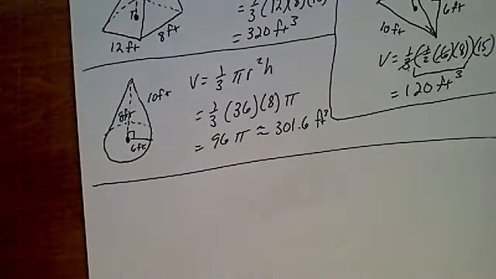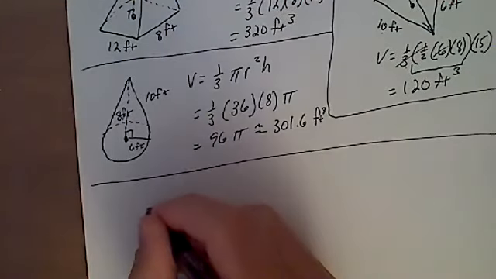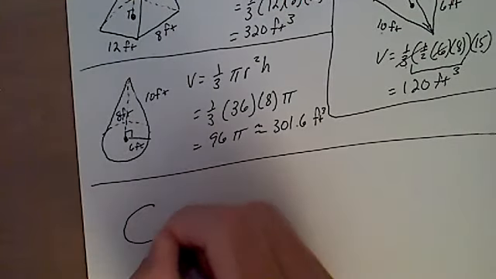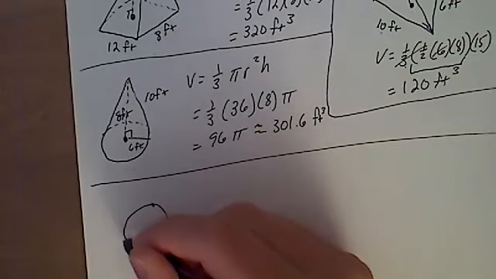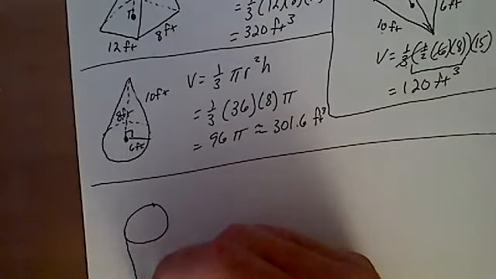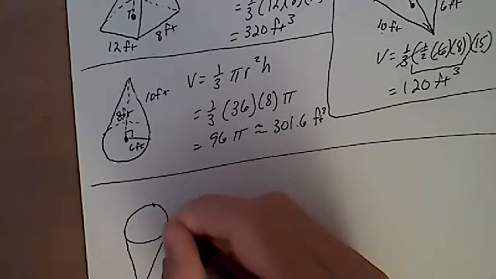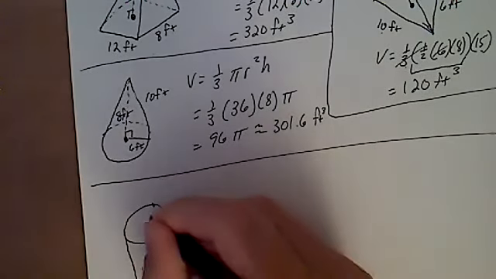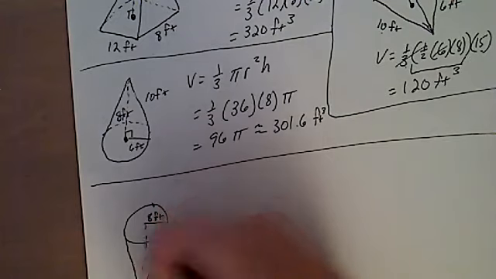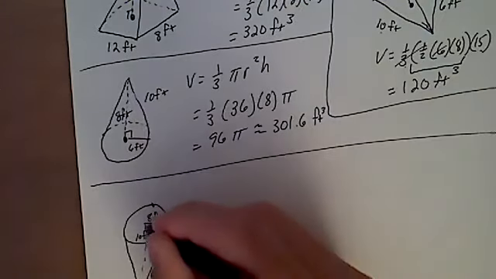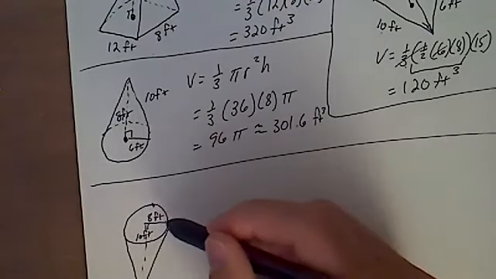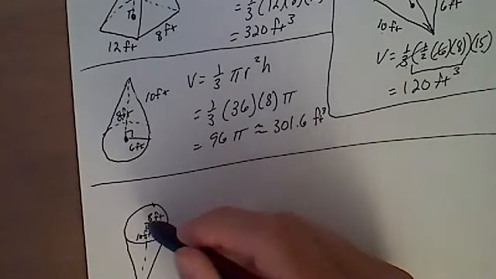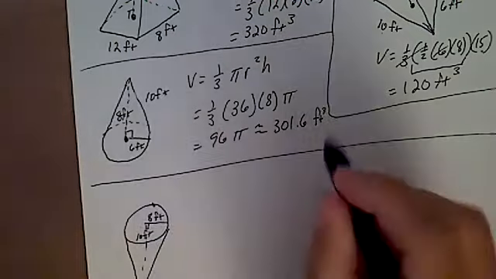And our last one here, another cone. Eight feet, 10 feet. So 8 is the radius, 10 feet is the height.